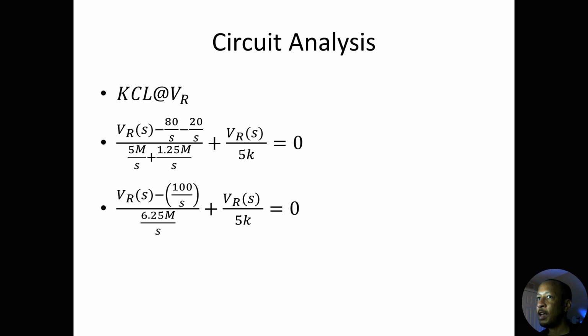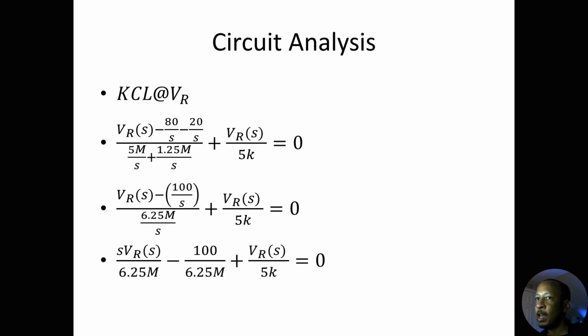Next we have (VR of S minus 100 over S) divided by (6.25 meg over S) plus VR of S divided by 5K equals 0. Next we have S VR of S divided by 6.25 meg minus 100 divided by 6.25 meg plus VR of S divided by 5K equals 0.